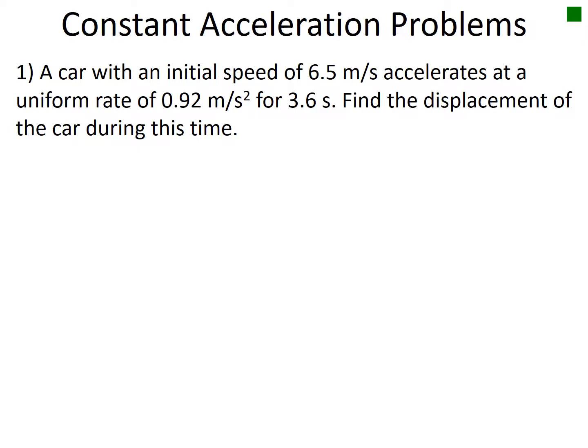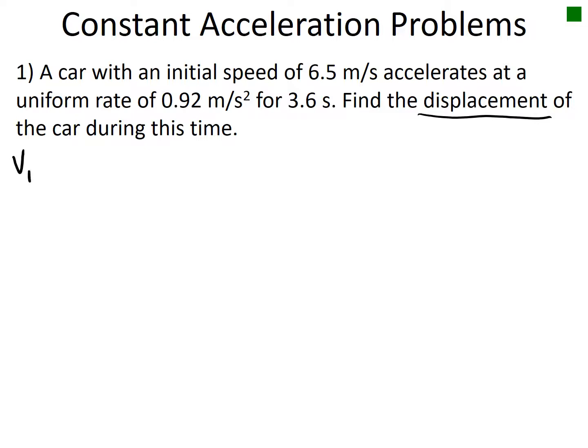Okay, so here are some sample problems. These are similar to the ones you'll find on your problem set. A car with an initial speed of 6.5 meters per second accelerates at a uniform rate of 0.92 meters per second squared for 3.6 seconds. Find the displacement or the final position of the car during this time. So let's see what we know.